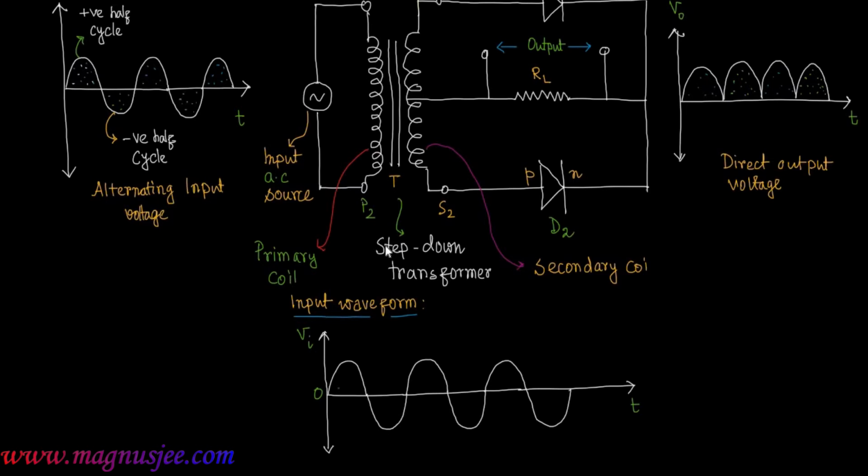Now we can denote this as positive half cycle and this as negative half cycle. Again we can draw positive half cycle, then negative half cycle.